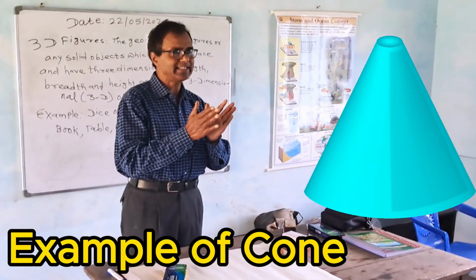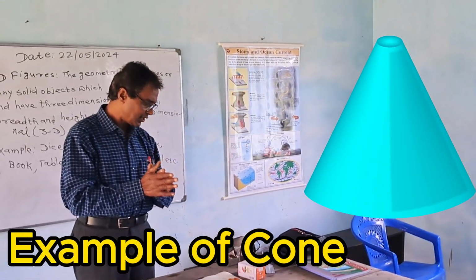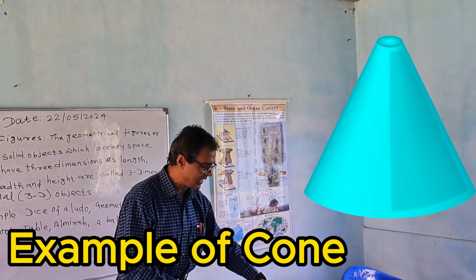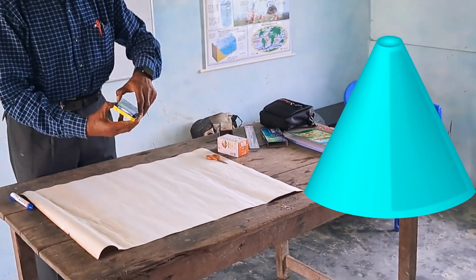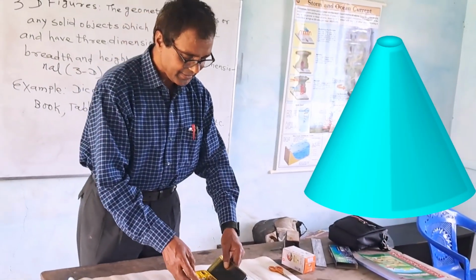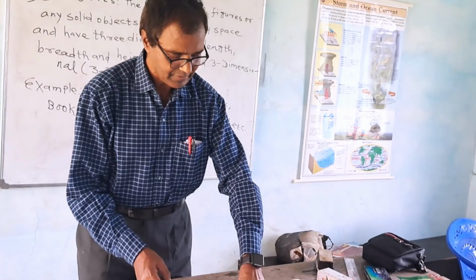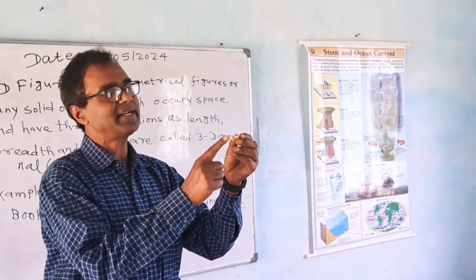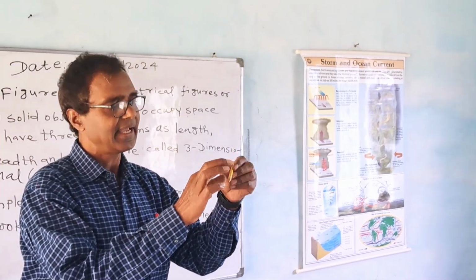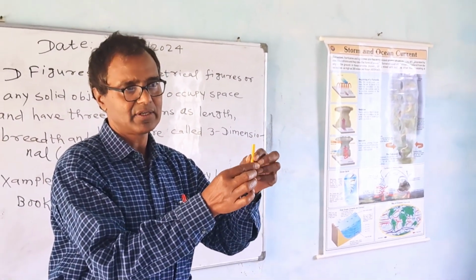Now, another example: cone. Do you have a pencil? See here, this is a pencil. It is tapered at one end. The other end is plain.